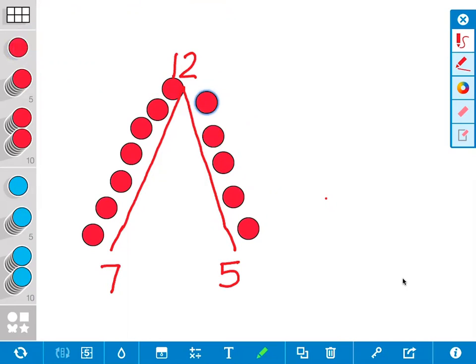And we see 7 plus 1, 2, 3, 4, 5 makes 12. So when I know that 7 plus 5 makes 12, I can write that equation. You see 7 plus 5 equals 12.